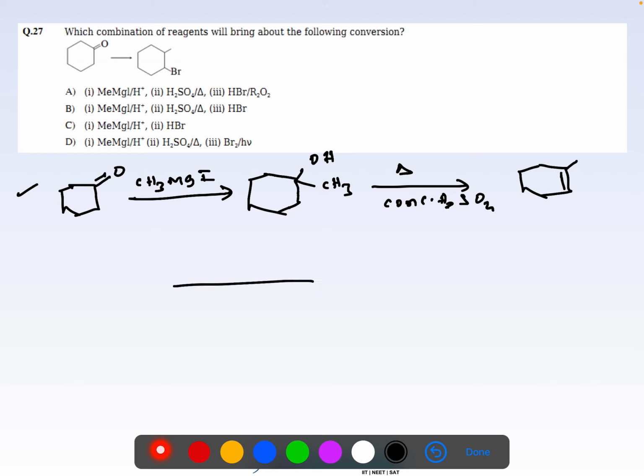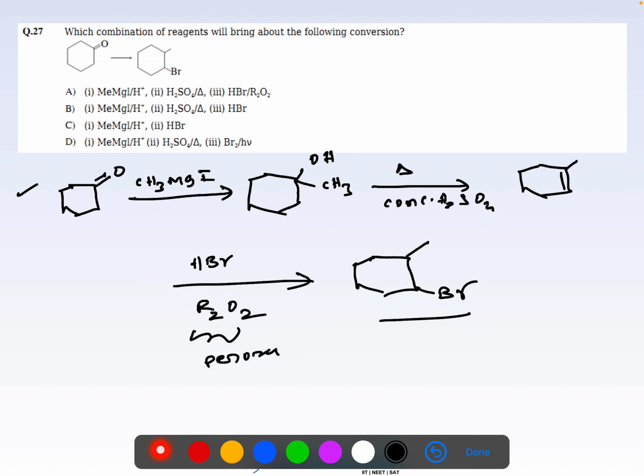So this alkene, when treated with HBr in the presence of peroxide R2O2, you will get the product with bromine attached to the less substituted carbon. So this reaction is called the peroxide effect. Okay, so the correct option will be A.